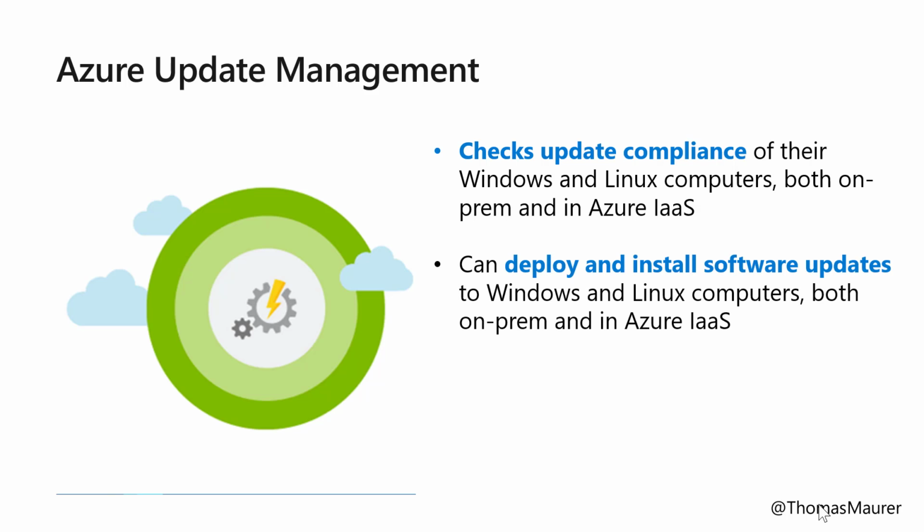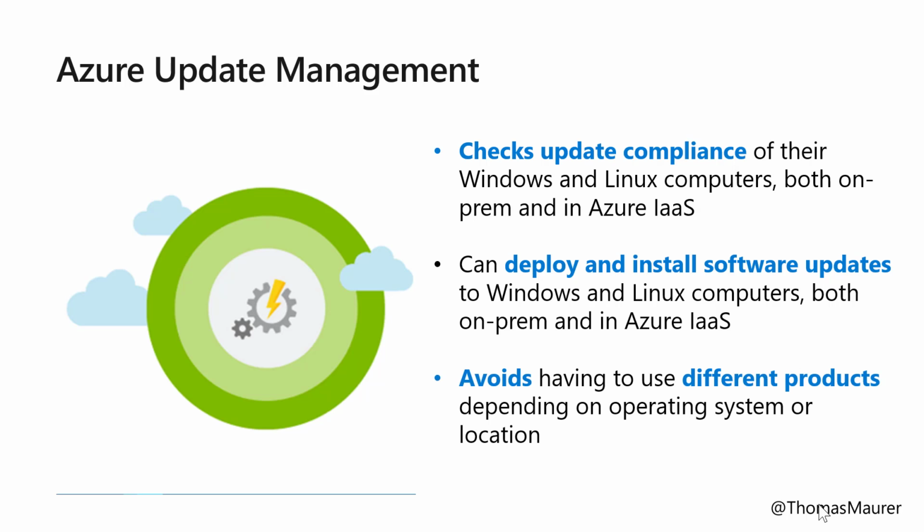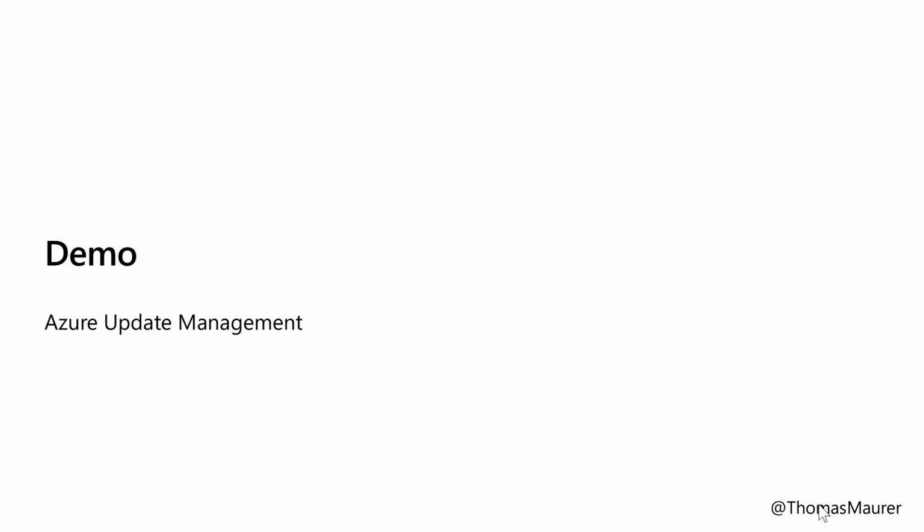And then you can deploy these updates to Windows or Linux computers running on-prem or in Azure or even in other cloud providers. And that allows you obviously to not need different management tools for your update deployments. So let me quickly show you how that looks.